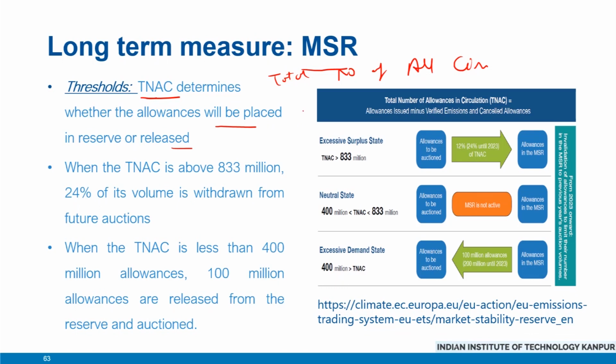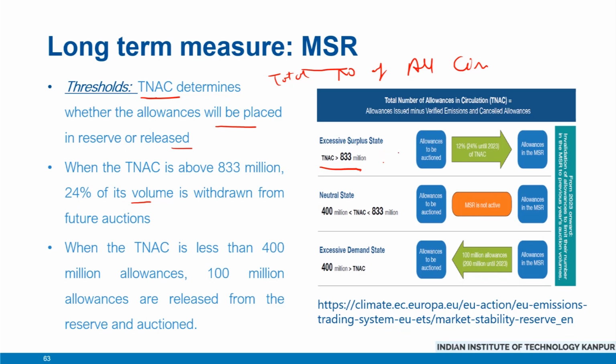First, under the MSR proposal, each year 24%, which is the intake rate, which has been increased from 12% earlier, of the total number of allowances in circulation is transferred to the MSR, provided that the total number of allowances is higher than 833 million allowances. So basically, when the TNAC is above 833, 24% of the volume is withdrawn from the future auctions.